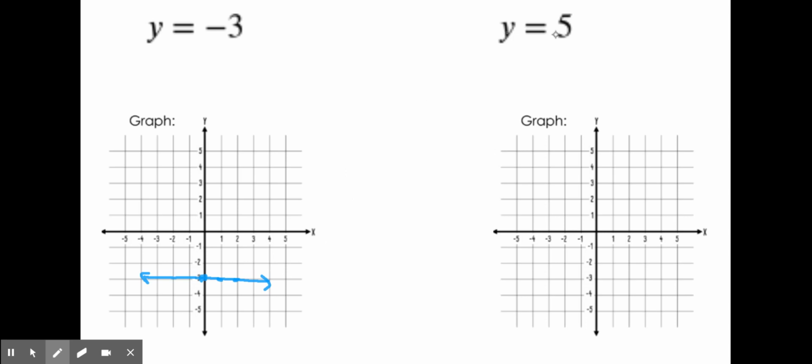Now, what about y equals 5? Well, this is a horizontal line. If it's y equals a number with no x, it's a horizontal line. I go up to 5 on the y-axis. Since it's a horizontal line, I'm going to pick a few points there. I'm going to draw my line through them. And that is the line y equals 5. I forgot to name this one, didn't I? It is y equals -3. Okay, so that's what you do when it's just y equals a number.